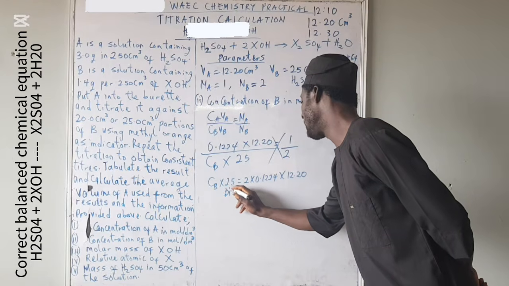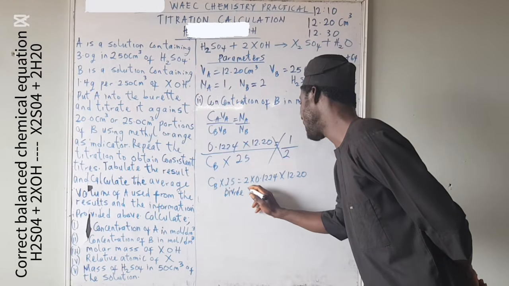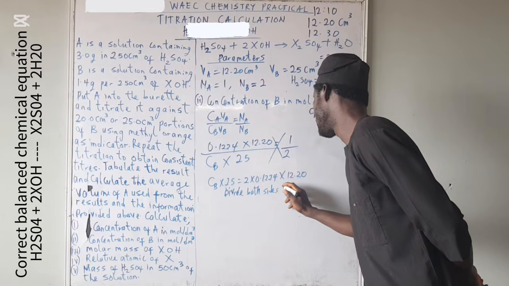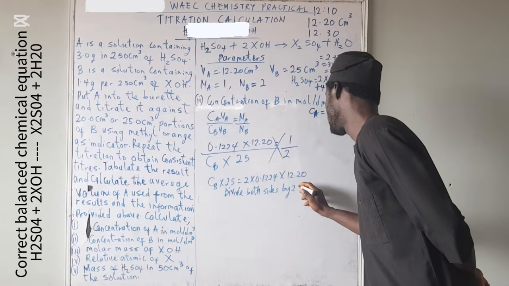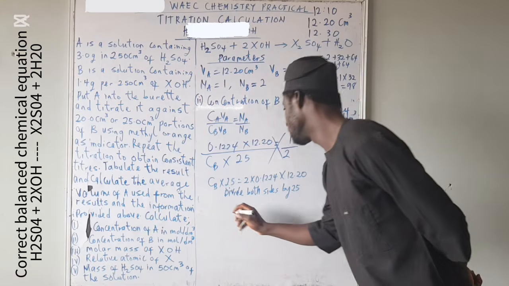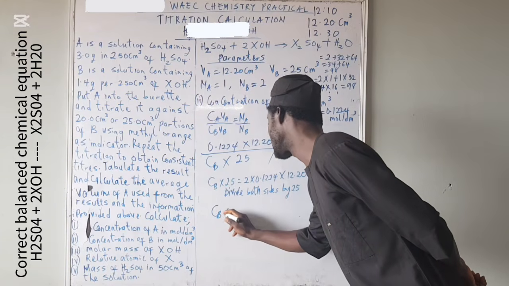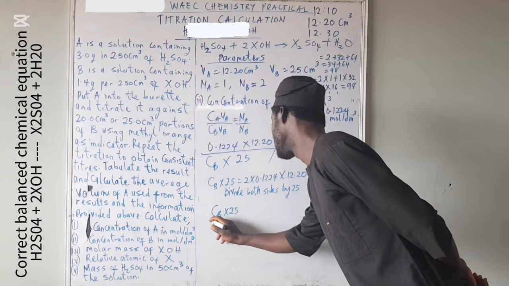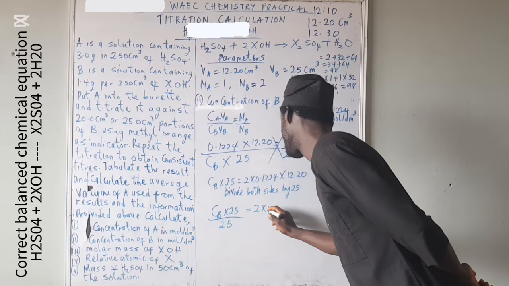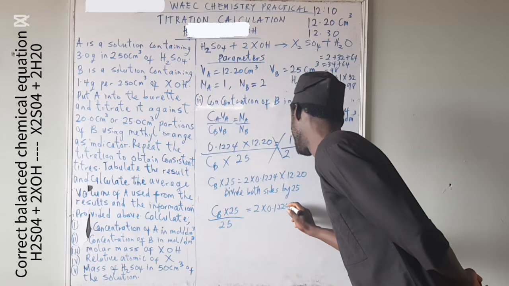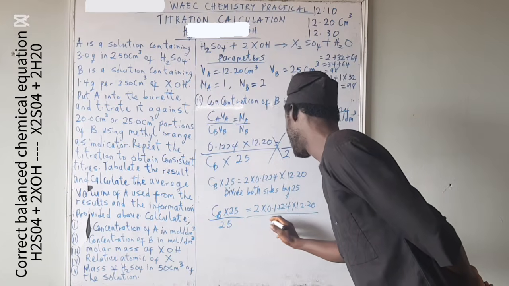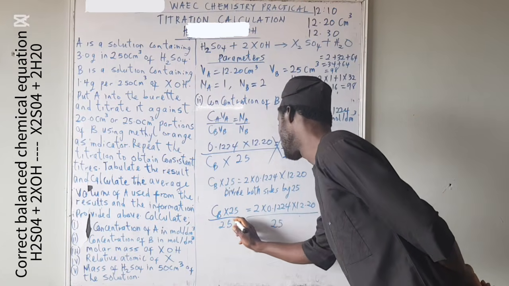So make sure that you don't drop any step. Divide both sides by 25. Each step matters because it will carry marks. If you don't drop steps, you have CB times 25 divided by 25 is equal to 2 times 0.1224 times 12.20 over 25.